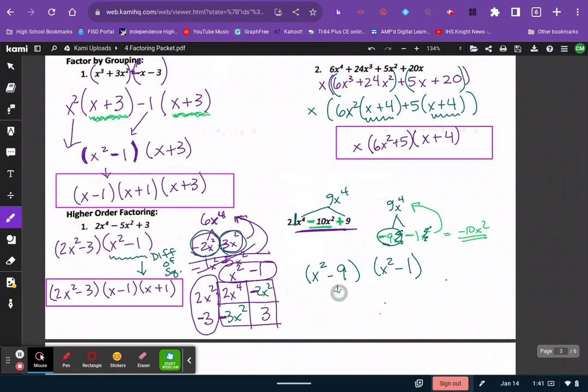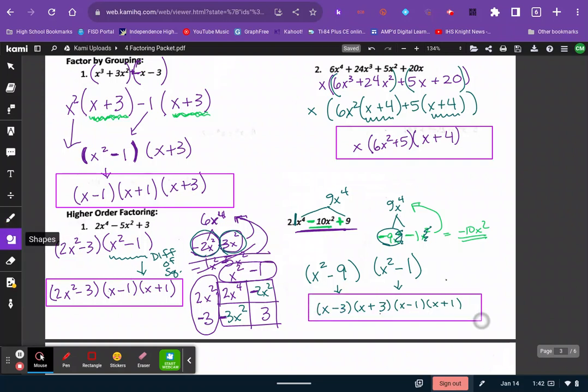This is a difference of squares. So this can be factored into x minus 3, x plus 3. And actually, I have another difference of squares here. And so now it looks like I'm finally finished.